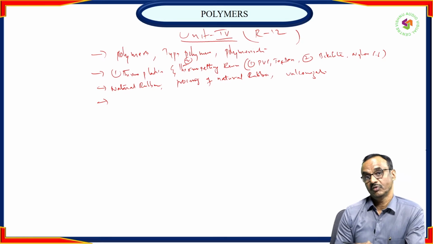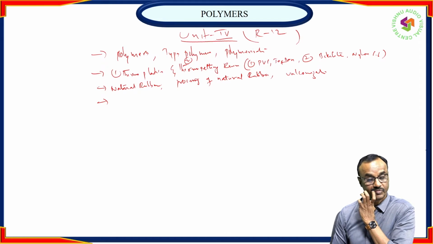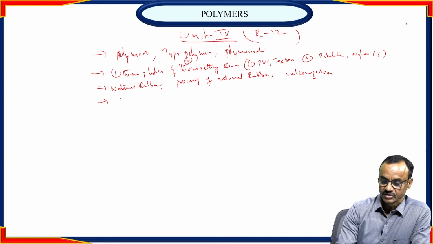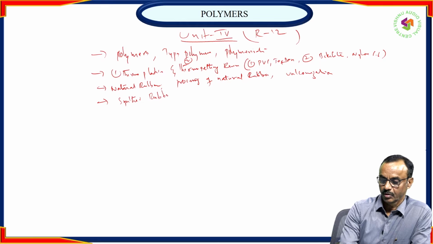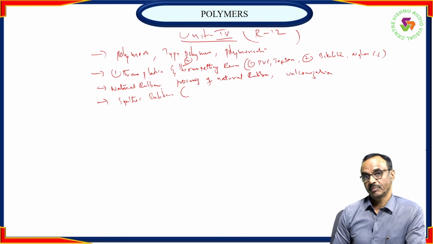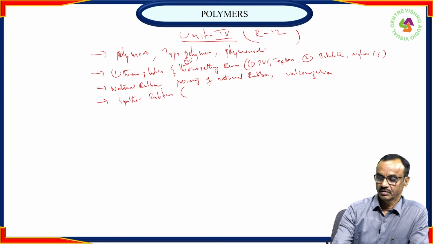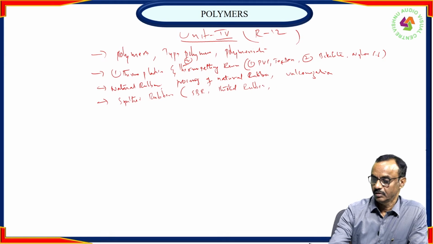The fourth topic that we are going to discuss under Unit 4, polymers, is synthetic rubbers. The topics you have in the syllabus are SBR, Thiokol rubber and butyl rubber.